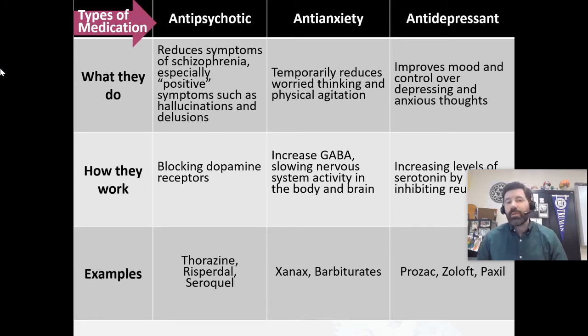So, first of all, why would we use antipsychotic medication? Antipsychotic medication is primarily going to be used for schizophrenia, but could be used for any mental health issue that includes psychotic features. For example, sometimes a person could be diagnosed with bipolar disorder with psychotic features. When we have these psychotic features, so we think of the positive symptoms, things like hallucinations and delusions, antipsychotic medication tends to help alleviate some of these positive symptoms by blocking dopamine.